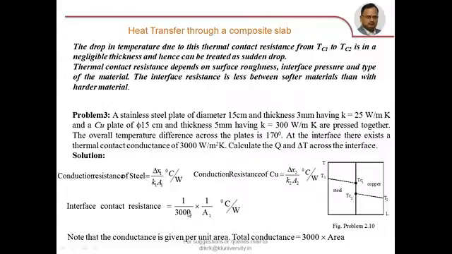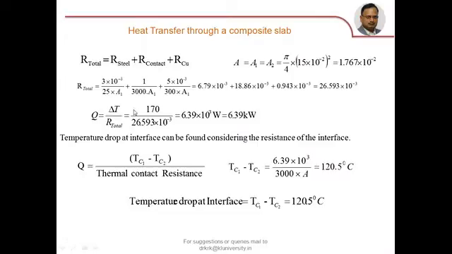Interface contact resistance per unit area is 1 by 3000, divided by A1, where A1 is the area normal to the direction of heat flow. So a note is put here. The conductance is given per unit area, hence total conductance is 3000 into area. So therefore the interface or thermal contact resistance is 1 by total conductance, 3000 into area.